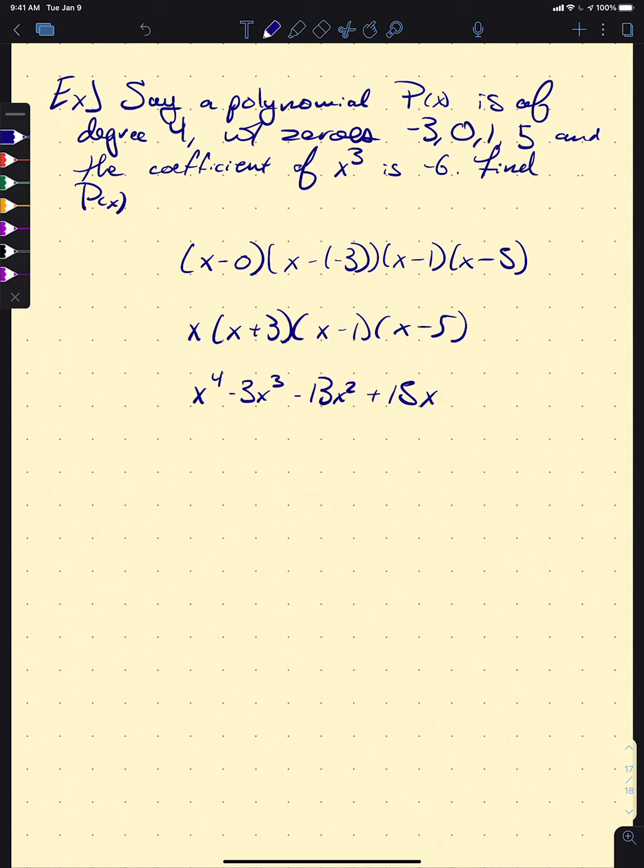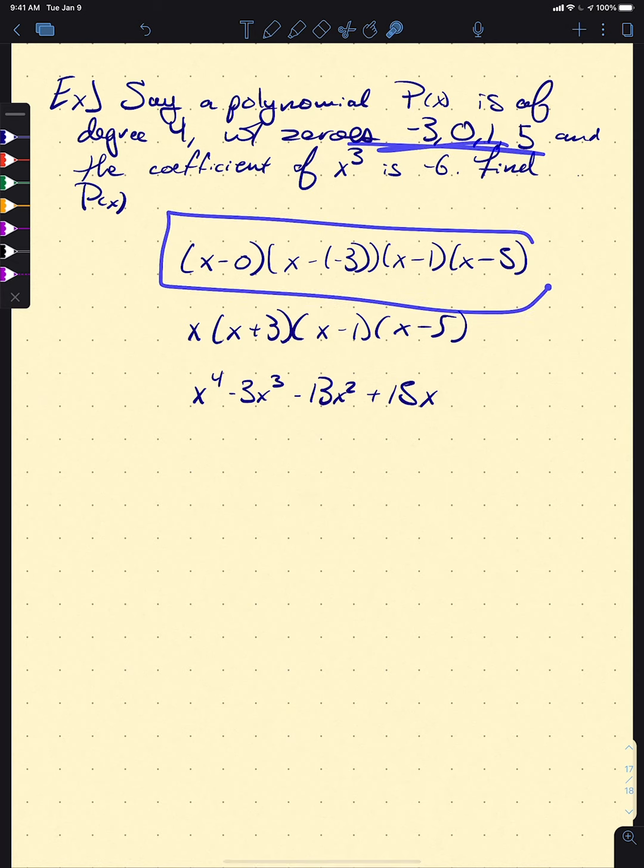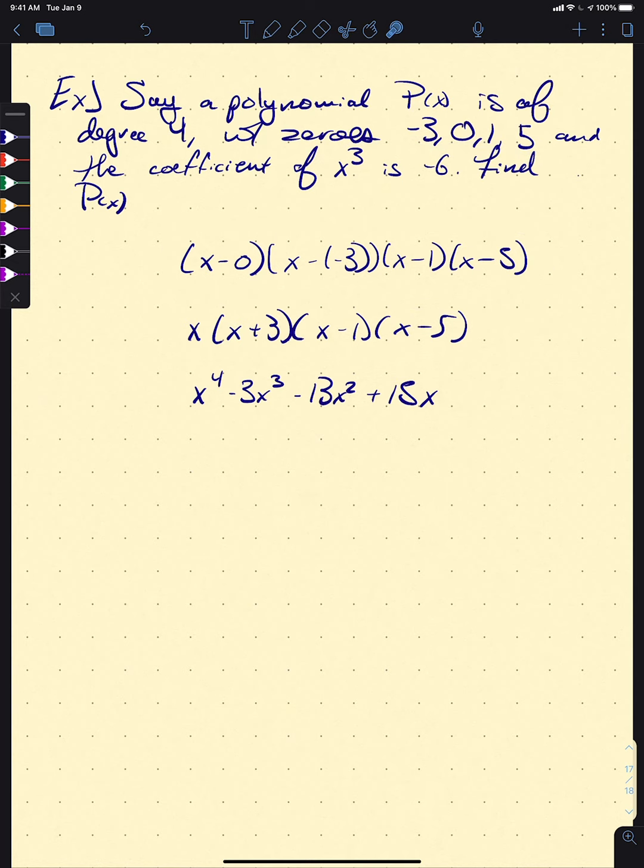But we have a problem, and that is simply that our coefficient of x cubed is -3, should be -6. Well, there's one thing that this didn't account for, right? Our zeros give us the factoring, but who's to say that there isn't some scalar, a, out here, right? So what would we want that scalar to be, right?